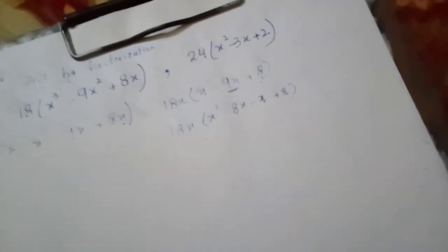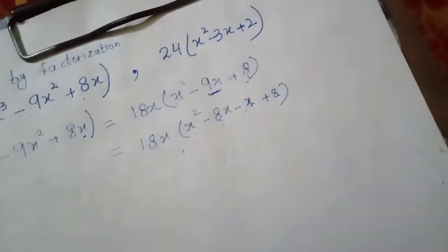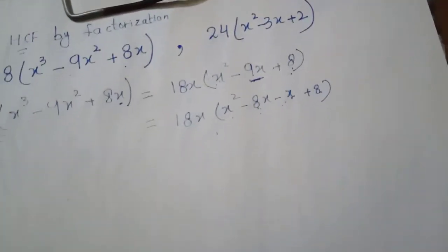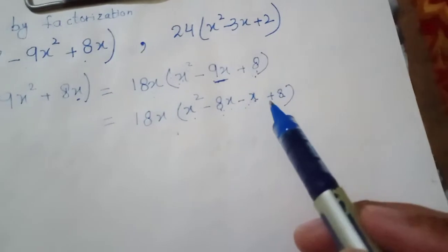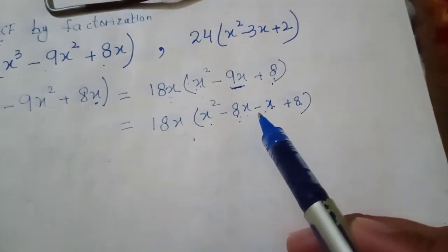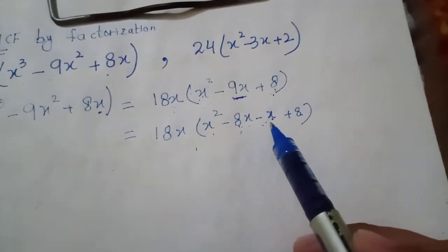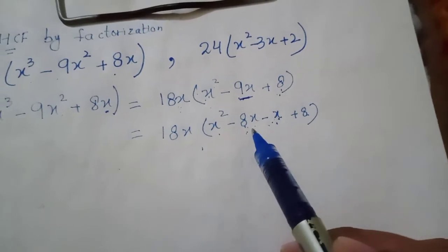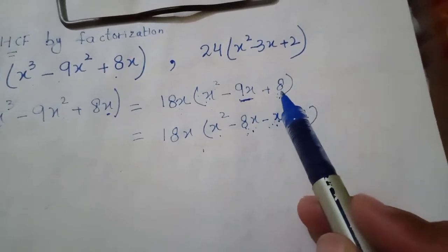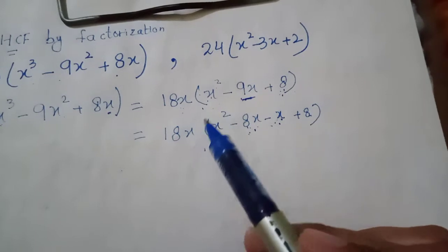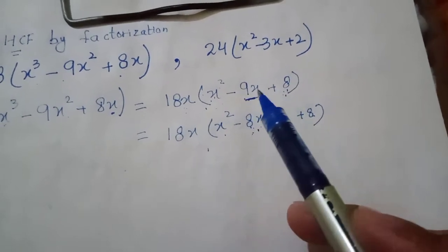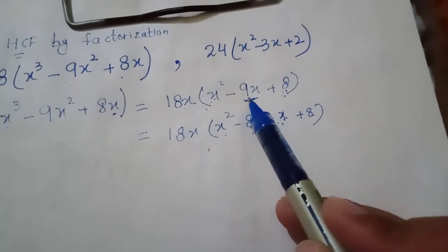I have explained this earlier in a very detailed way, that midterm break factorization is a factorization in which you have to find two numbers whose product will be equal to the product of the first and the last, and whose sum or difference must be equal to the central term.